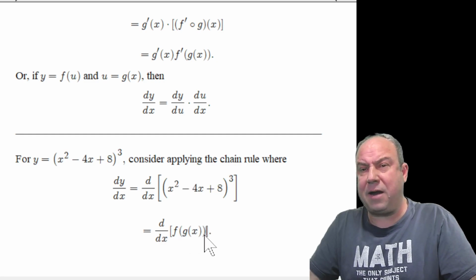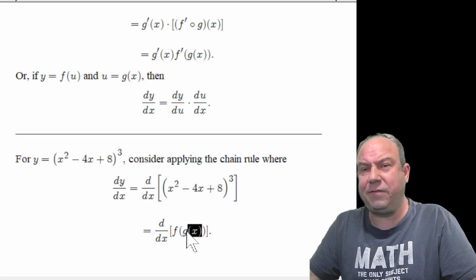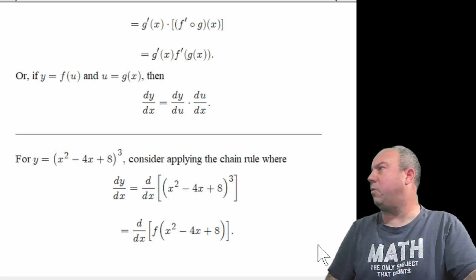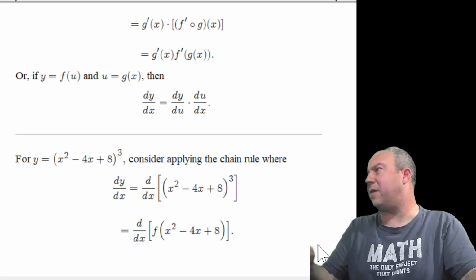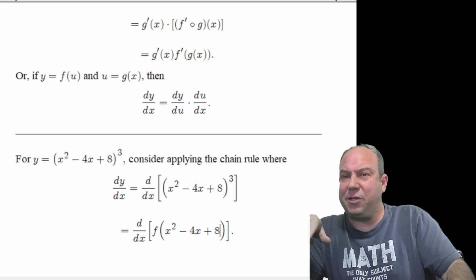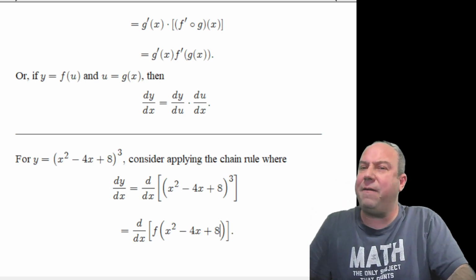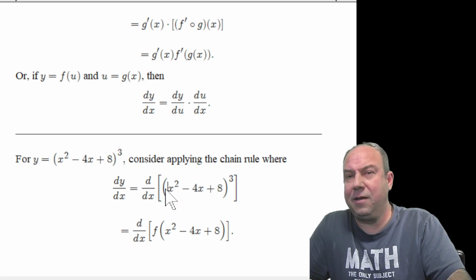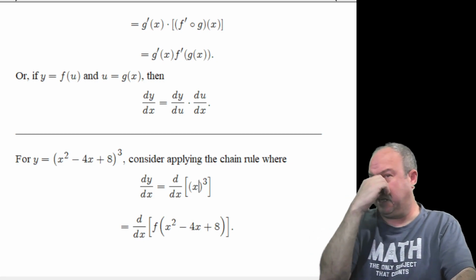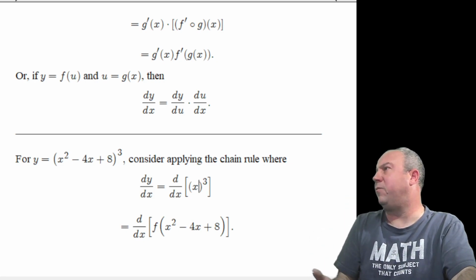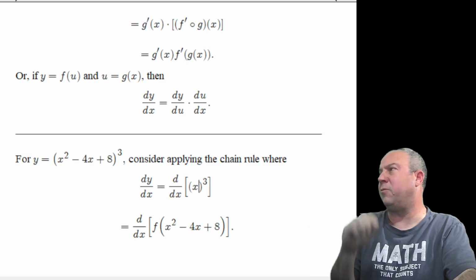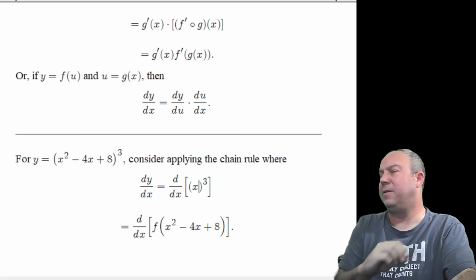And if we think about it, that is being placed into, I'm trying to highlight it here, seeing if I can. We're taking that quadratic function and substituting it into f for g, where if we think about it, f would then be, in a sense, the cube function. X cubed, if we think about x squared minus 4x plus 8 replacing the x in f.